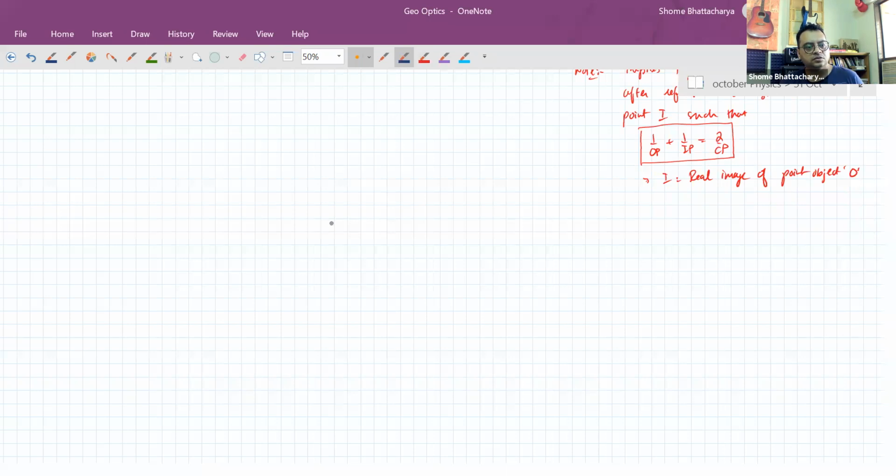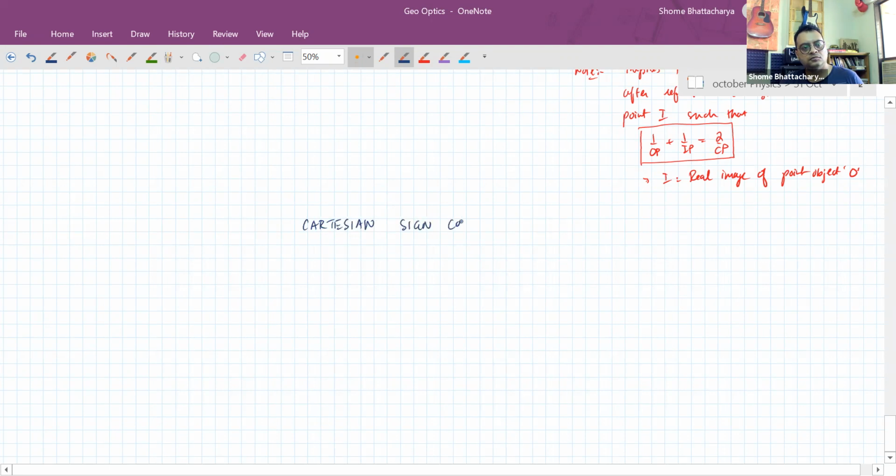Okay. So, Cartesian sign convention. In this case, we are applying Cartesian sign convention to a concave mirror, but it's actually irrespective of that.